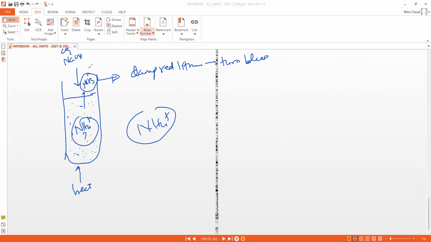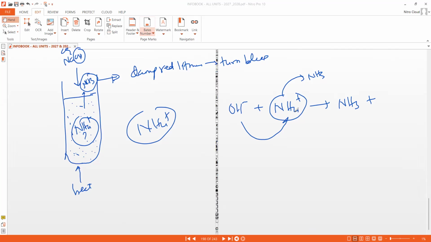So basically, the chemistry that you should know here is that hydroxide ion will react with ammonium and displace ammonia from ammonium. So one of the products is ammonia, and NH4 means NH3 is gone, so one H plus is remaining there.